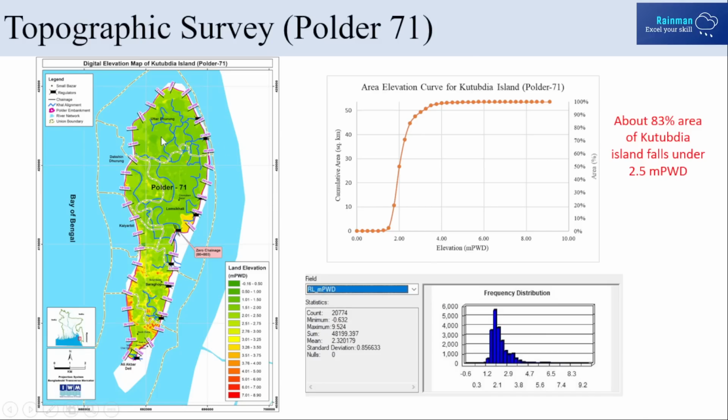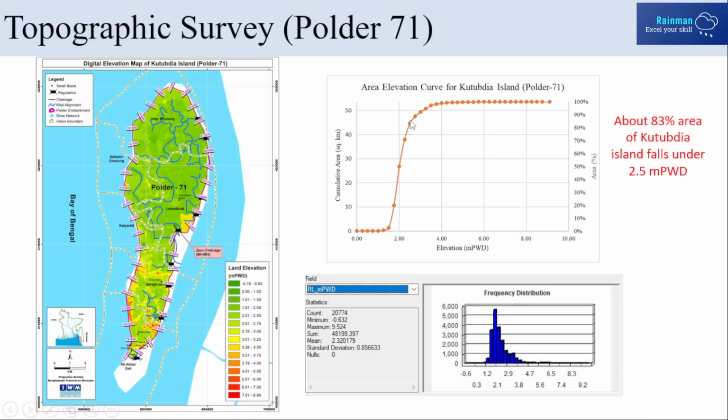That means the land level of 83% of this polder is below 2.5 meter PWD. PWD is the datum which is popularly used in Bangladesh. So another thing, you can also check the corresponding area.